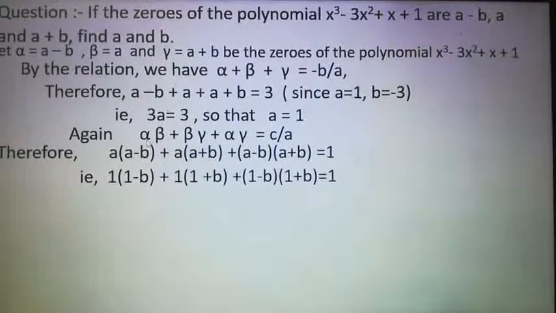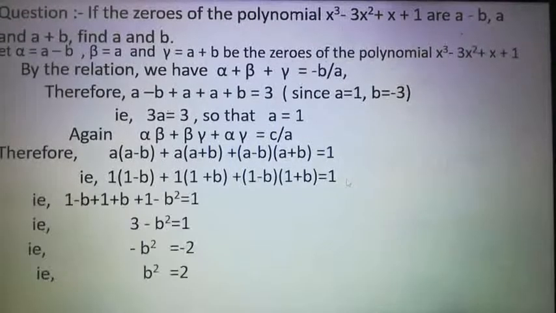Beta is a, alpha is a minus b, so a into a minus b, plus beta gamma, a into a plus b, plus alpha gamma, a minus b into a plus b, that is equal to 1. C by a is 1. So you get another equation where the value of a was already calculated. So a was 1, so put the value there. So 1 into 1 minus b plus 1 into 1 plus b plus 1 minus b into 1 plus b is equal to 1. So this is an equation having only b.